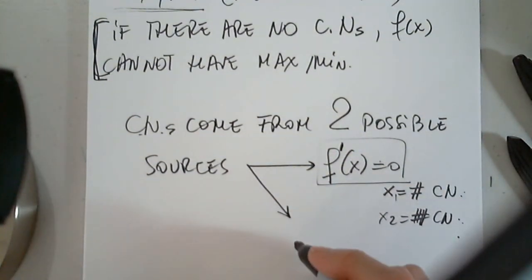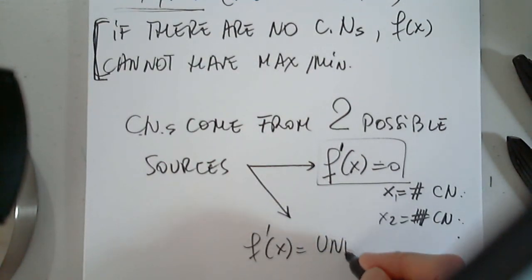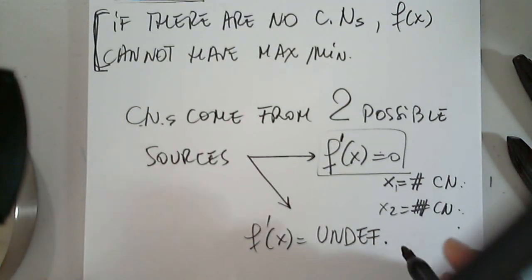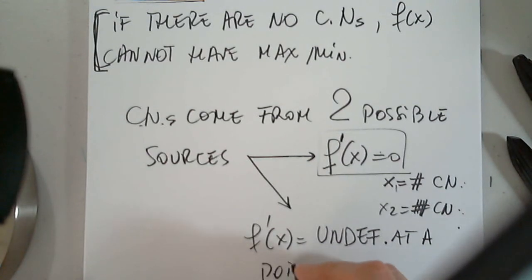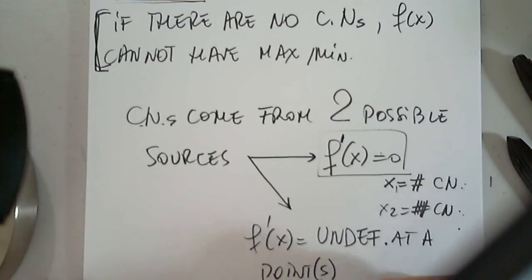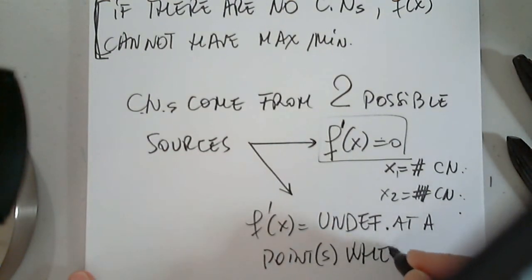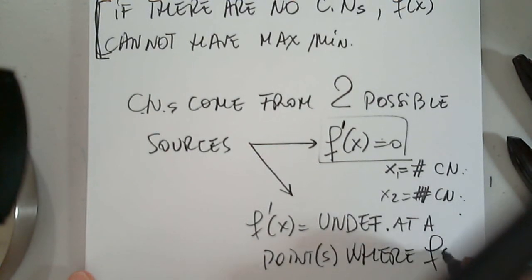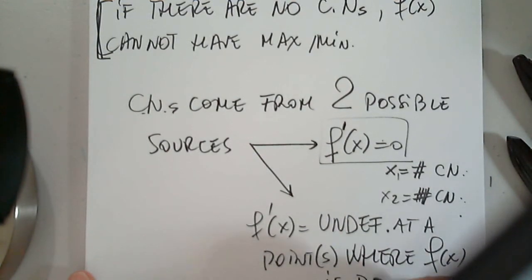What is the second source? The second source is when the derivative is undefined, but that's not enough, at a point, and I'm going to say points, where f of x is defined.